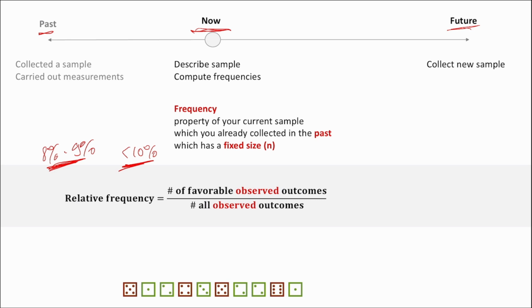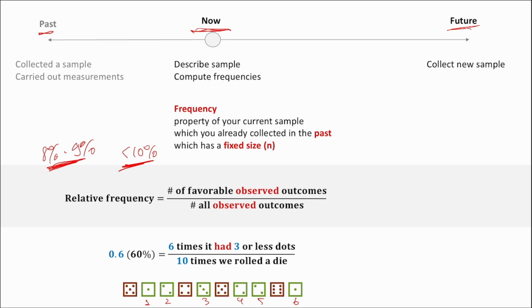Just an example. So here you can see that we have different outcomes of just a rolling die experiment. And then, for example, we can compute the relative frequency that we get an outcome which has 3 or less dots, right? So how many outcomes do we have with 3 or less dots? You can see this is 1, this is 2, this is 3, this is 4, this is 5, this is 6. So 6 out of all outcomes have 3 or less dots.